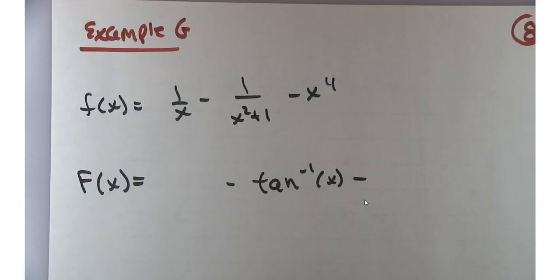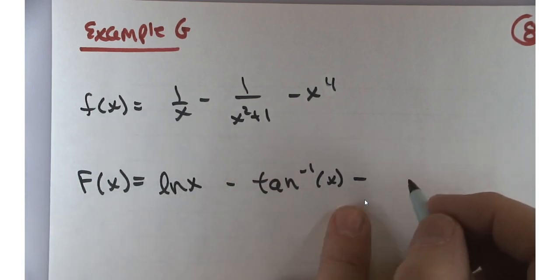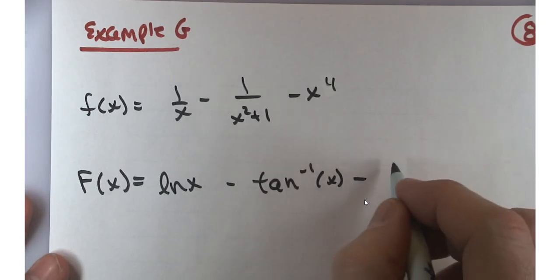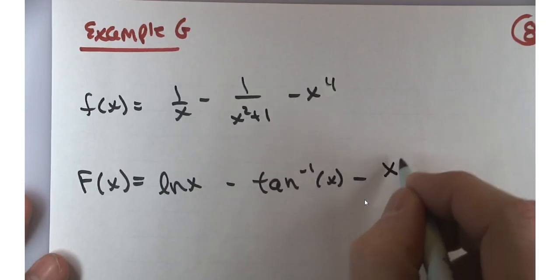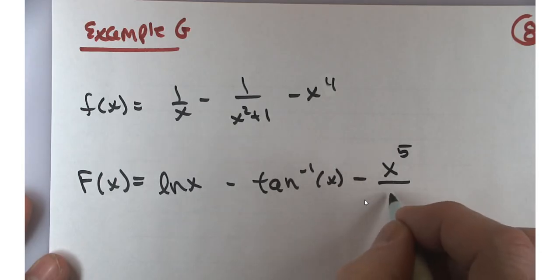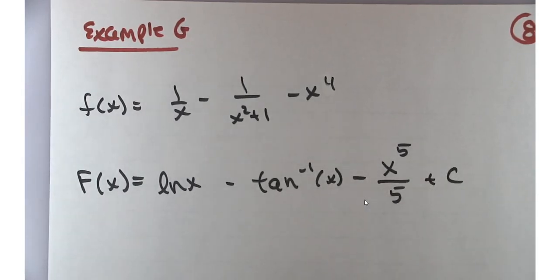Isn't it the natural log of x? Yeah, nice. Natural log of x. And James, what do I differentiate to get x to the 4th? X to the 5th? Keep going. Over 4? Over 5. Over 5. Nice. And what else do I need here to finish up? Plus that constant. Yes. Need that constant in there. Nice. And wow, that's it. That was easy. Yeah. Nice.